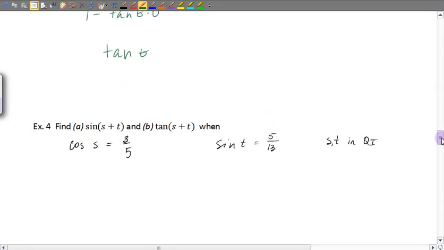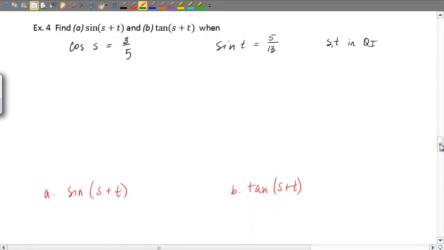So let's look at another example then where we're going to be applying that sum and difference identity. We did a similar example to this in the previous lesson 5.3, where I'm going to find the sine of s plus t, and I'll go ahead and find the tangent of s plus t. And I'm only given this information here.